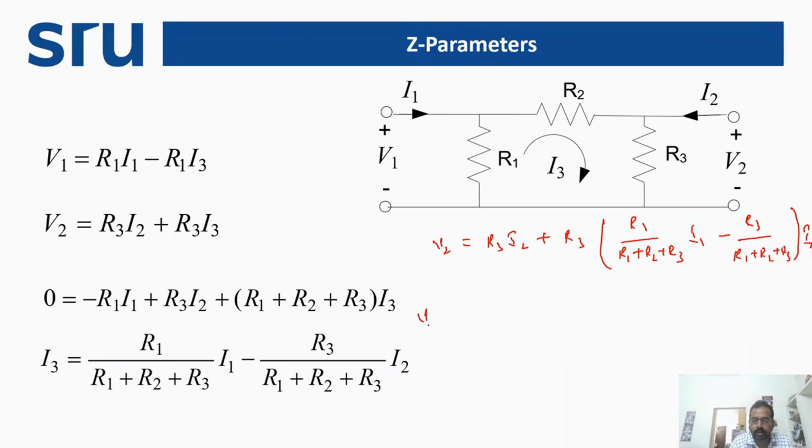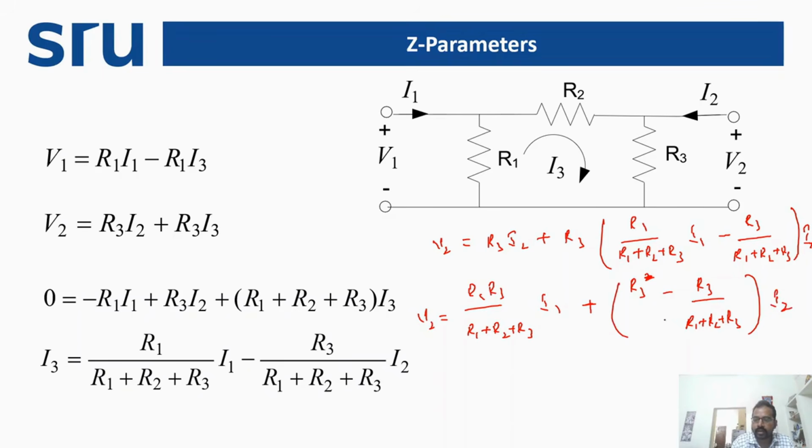If you rearrange this equation, you get R1 R3 divided by (R1 plus R2 plus R3) into I1 plus R3 minus R3 square by (R1 plus R2 plus R3) into I2.